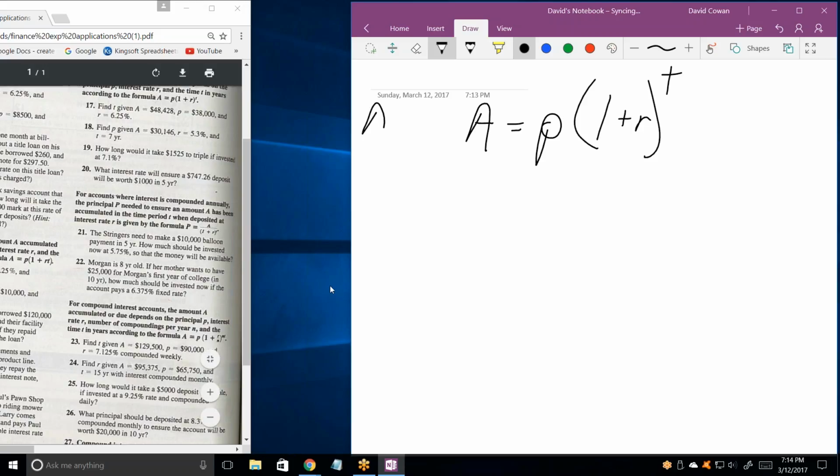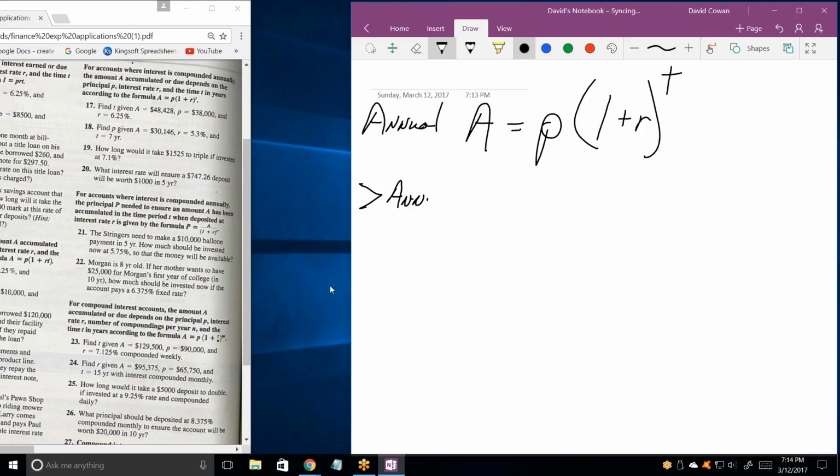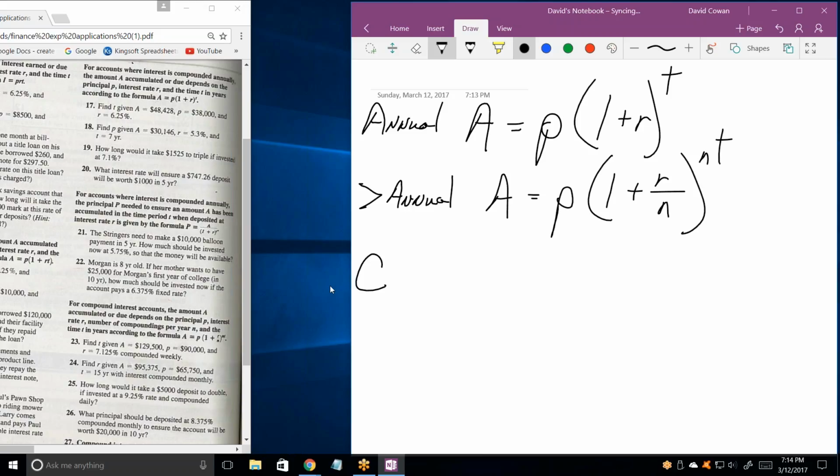Let's label this annual, and then greater than annual, meaning like monthly. Then A equals P times 1 plus R over N to the NT, where N is the number of times per year you're compounding it. And the third one is continuous.